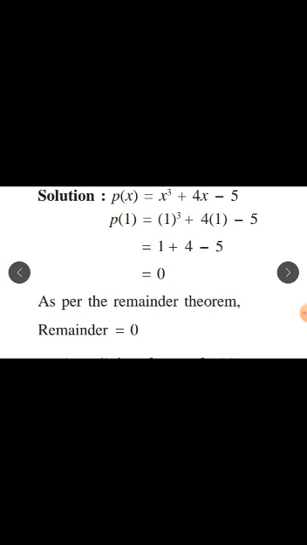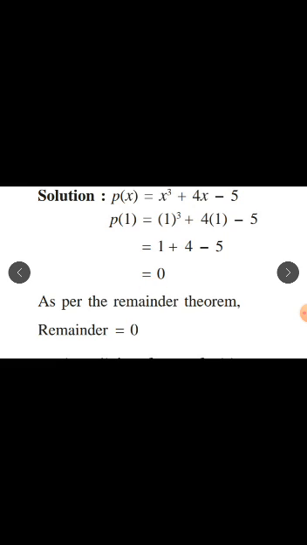So p of 1, substitute x equal to 1. p of 1 equal to 1 cube plus 4 into 1 minus 5. 1 cube is 1, plus 4 into 1 is 4, minus 5. 1 plus 4 is 5 and 5 minus 5 is 0. So p of 1 is equal to 0.